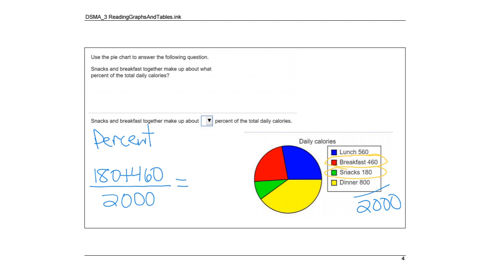All right, so if you put that in your calculator, you would get 0.32. Okay, so that's great, but that's a decimal and we want percent. So we know that to get percent, we're going to slide the decimal point to the right, and that would give us 32%. So snacks and breakfast make up 32% of our daily calories with this data.